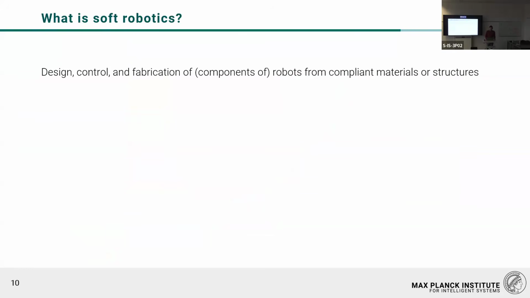And if I say here control, this does not have to be digital control. This can also be control that's embedded into the materials itself, a physical form of intelligence. I will later give more examples on what I mean with that.